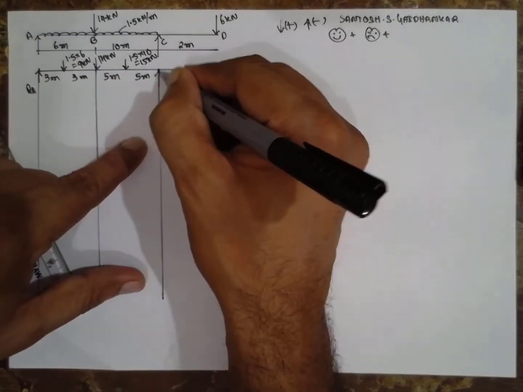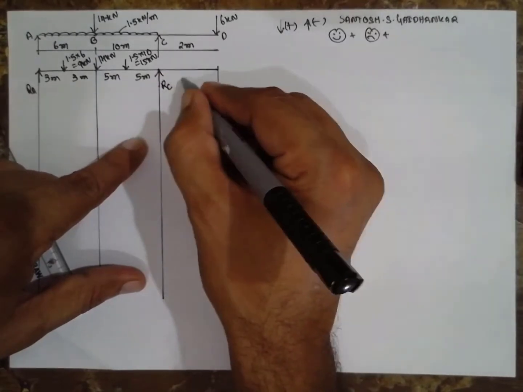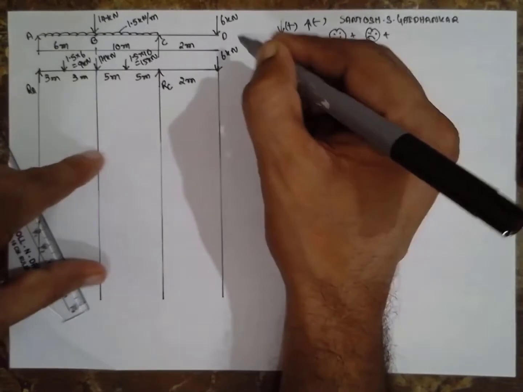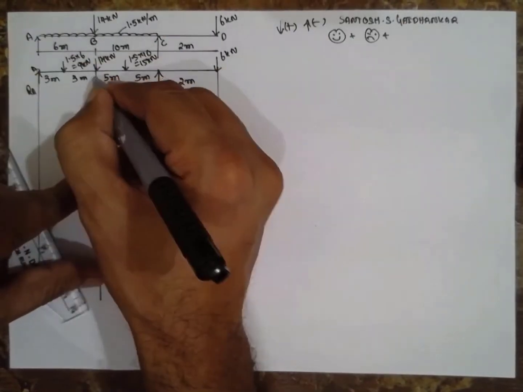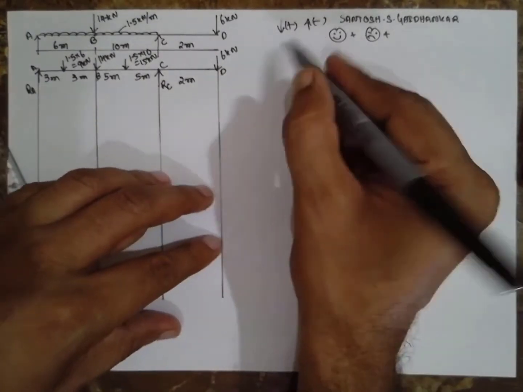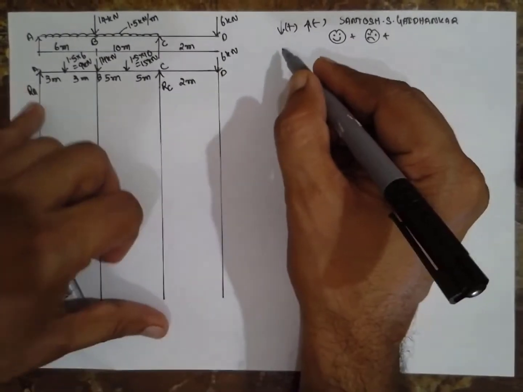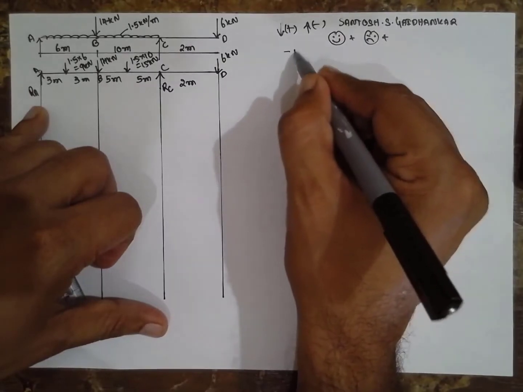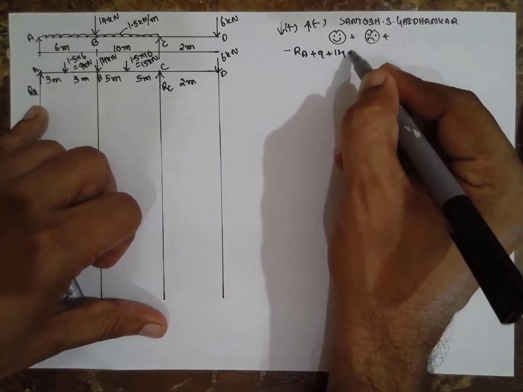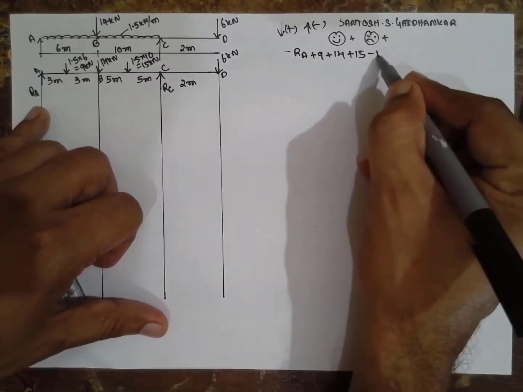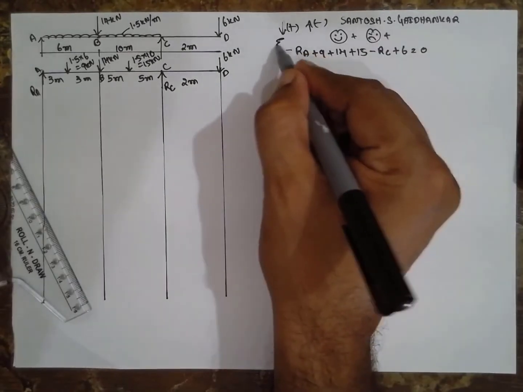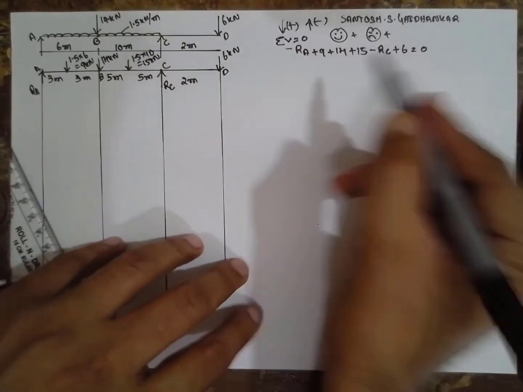Now reaction RC is 2 meter away, and the point load acting downward is 6 kilonewton. A, B, C and D. Now we have to find out the reactions. Taking upward arrow as negative: minus RA plus 9 plus 14 plus 15 minus RC plus 6 is equal to 0, because the sum of the vertical forces is equal to 0.